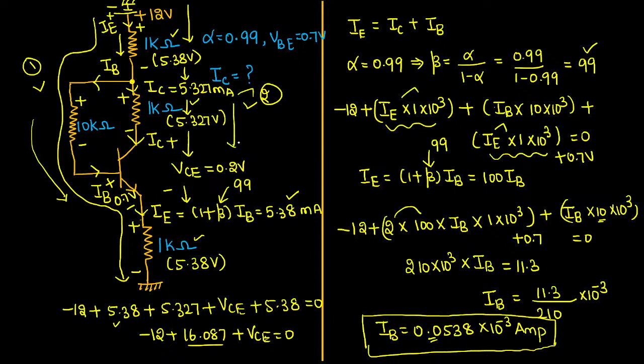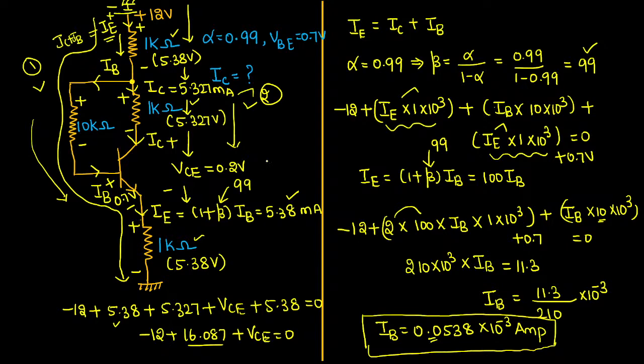You will get two KVL equations with two unknowns. Just solve the two equations. The unknowns will come in terms of base current, collector current and emitter current. So what you can do is replace the emitter current by IC plus IB, such that both equations 1 and 2 are in terms of IC and IB.